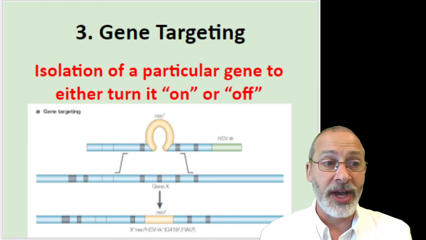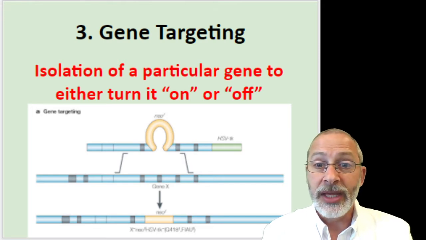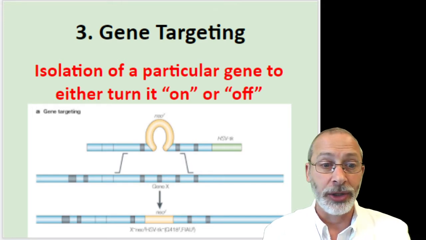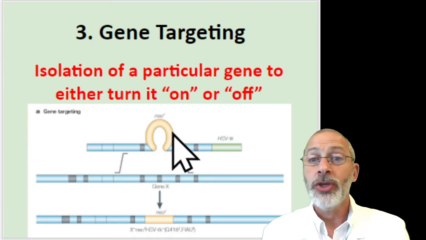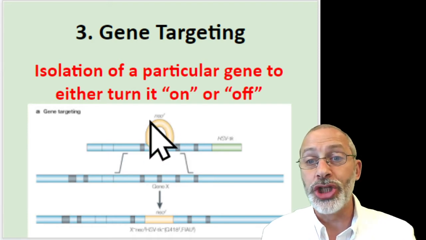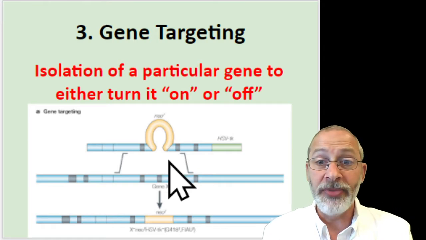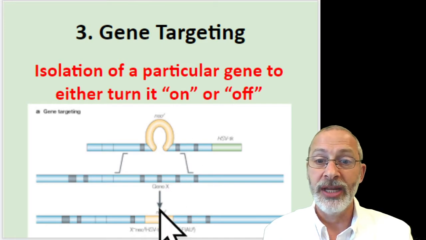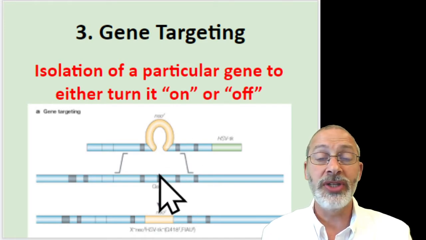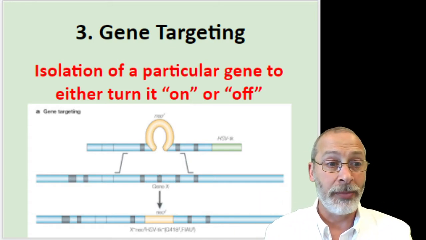Now, in the larger context of gene targeting, here we might have a particular gene, and I'm not sure why this isn't showing up on the screen, but here we go. So we might have a particular gene here that is the signal for something. Gene targeting identifies this particular gene and either turns it on or turns it off, either activates or deactivates it, you might say.